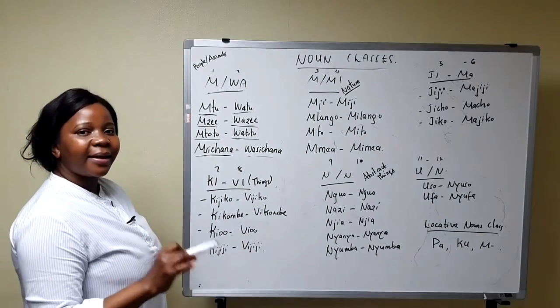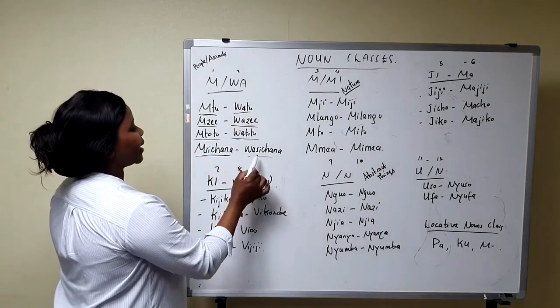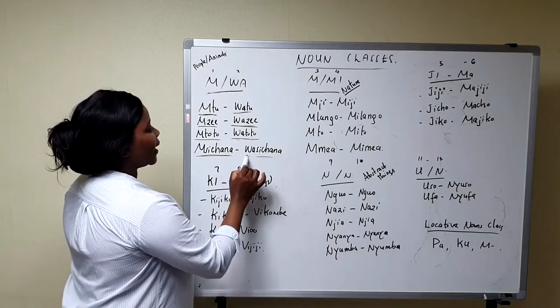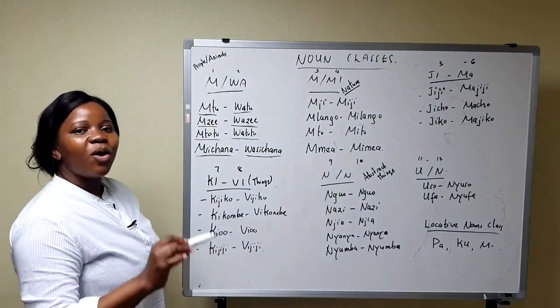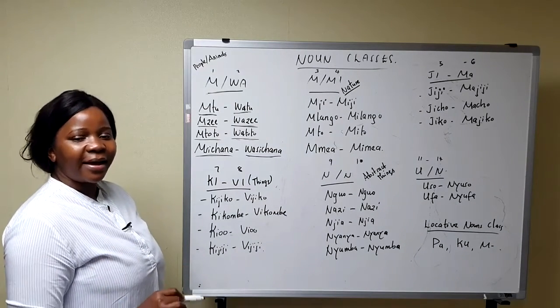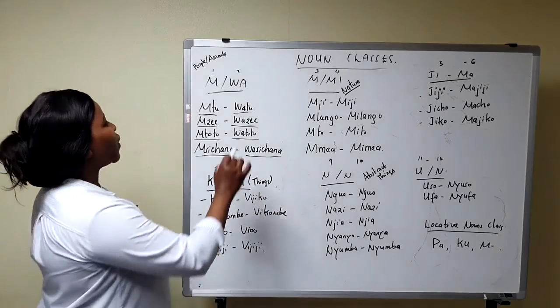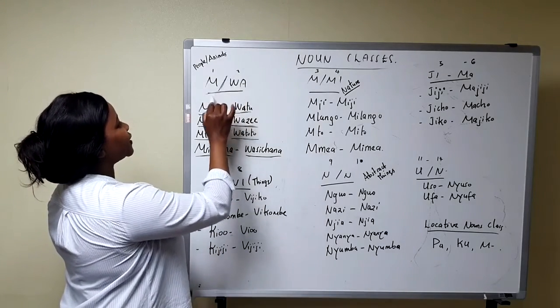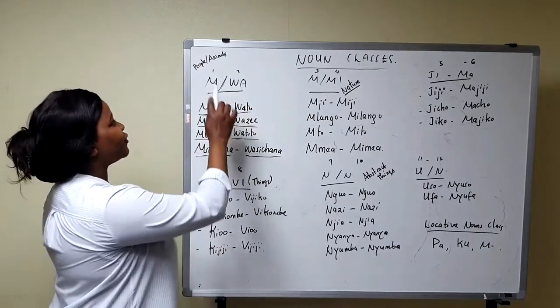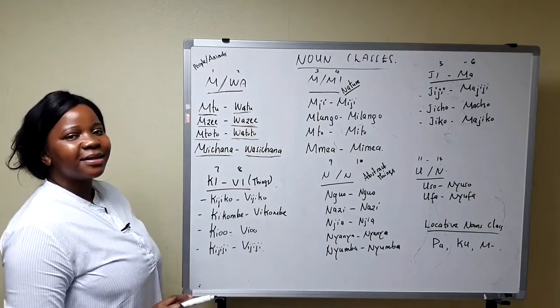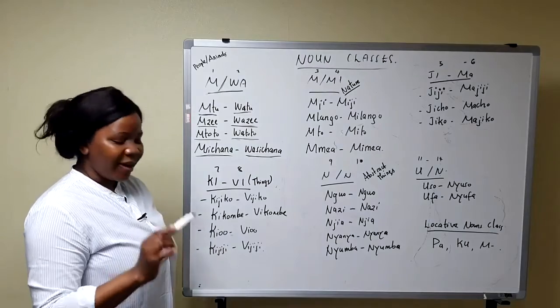Msichana, a girl. Msichana in singular, and in plural, wasichana. Wasichana, girls, okay? So stands for the singular and wa is for the plural. So the first and second class is wa noun class.